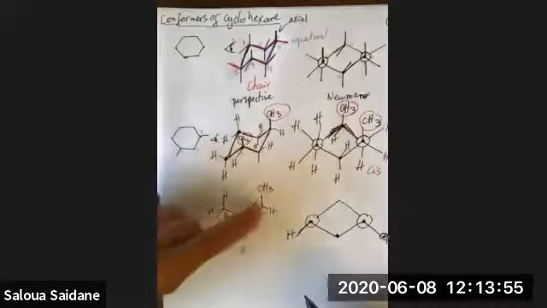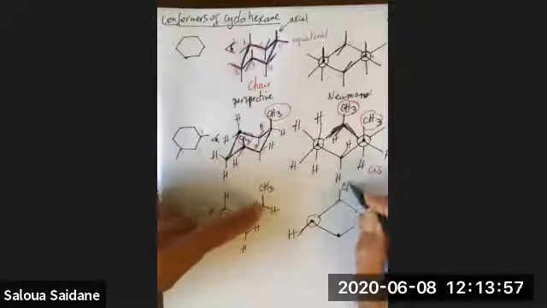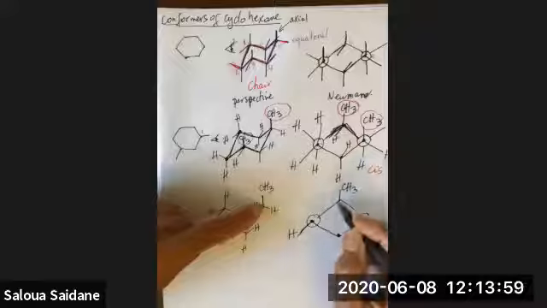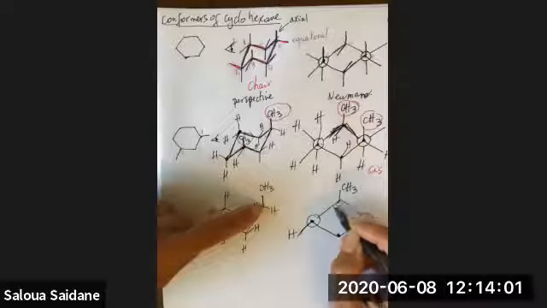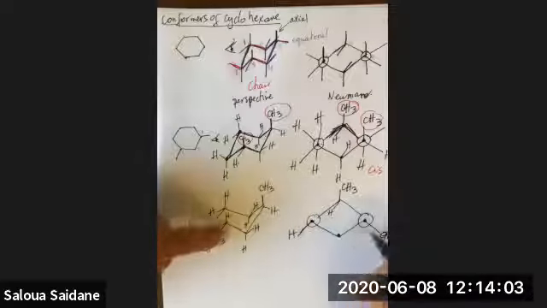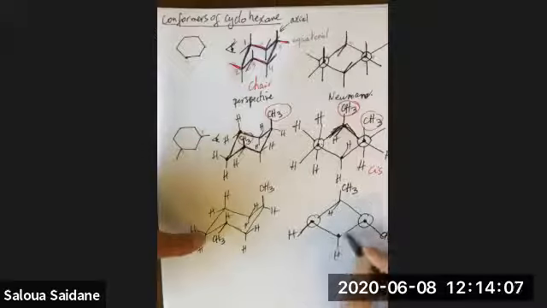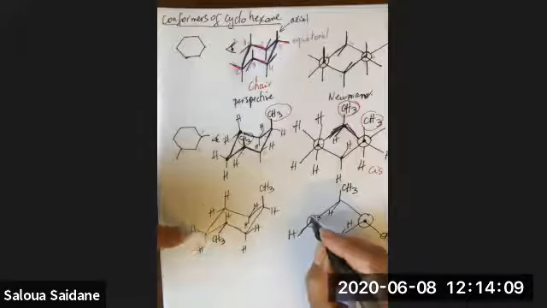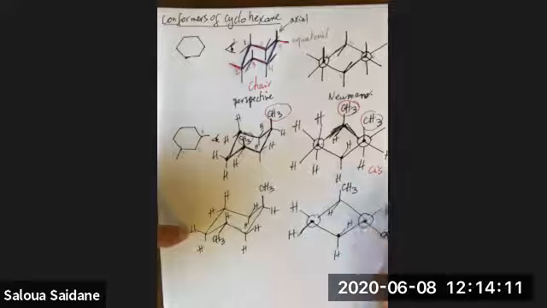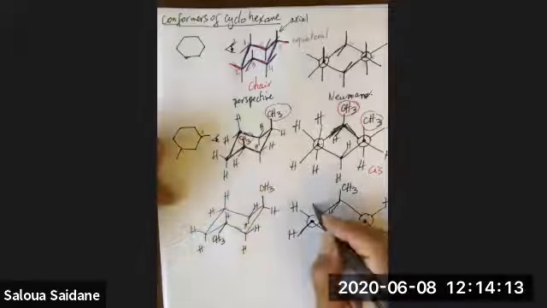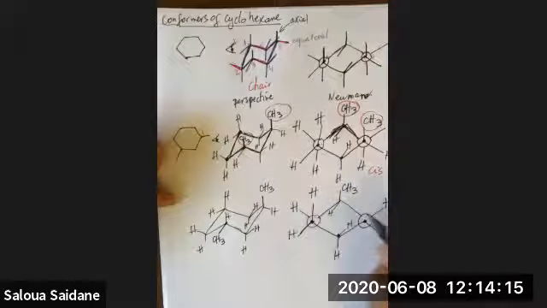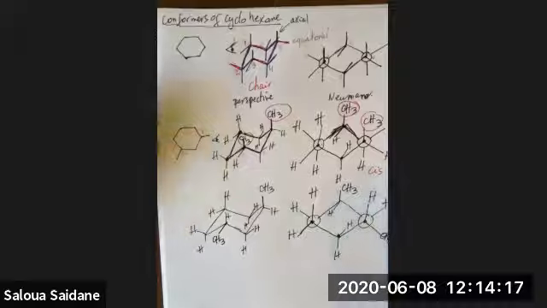Now that top carbon here has a CH3 and an H. This one, the front one, has an H and an H. And then we just have to put H here and H here. And of course, I'm missing a hydrogen on top and another hydrogen.